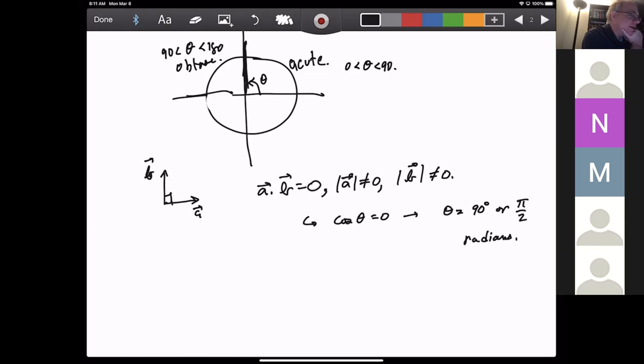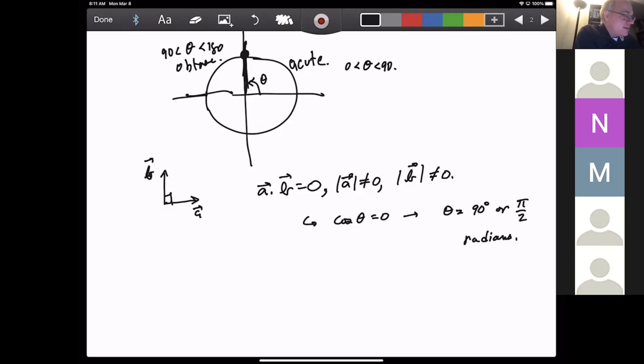Right, the x component of the point on your parameterized unit circle is cosine theta. When cosine of theta is 0, you're on the positive y-axis here, so you're making a right angle with the positive x-axis. Okay, makes sense? Yes, thank you.